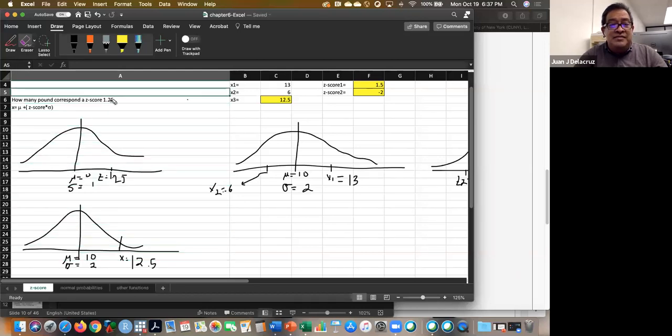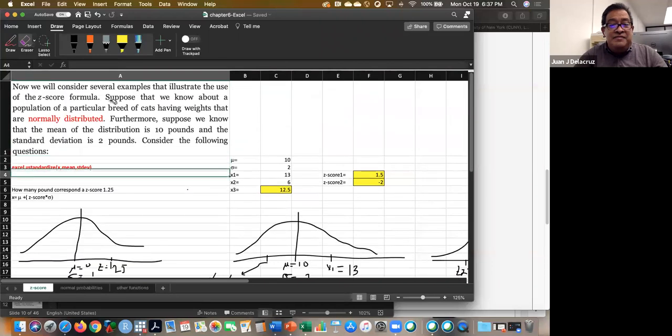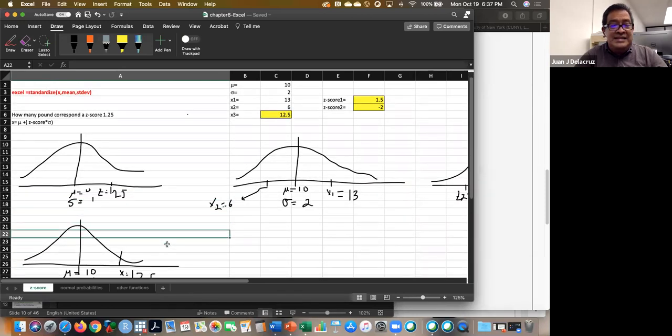But you might ask yourself, what happens if the z-score is negative? In this case, what I can do is the following. Just imagine that instead of being a positive number, I'm going to modify this. Now the z-score is a negative number, right?